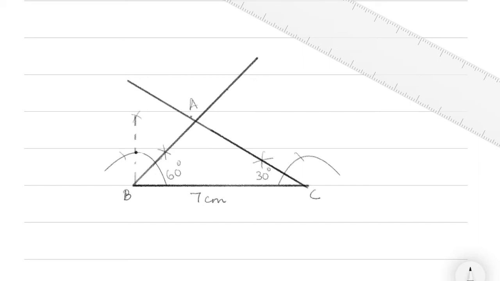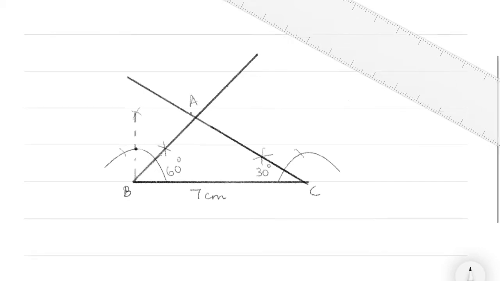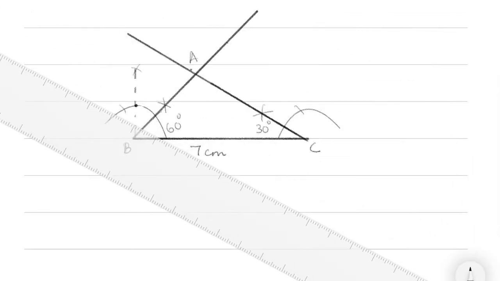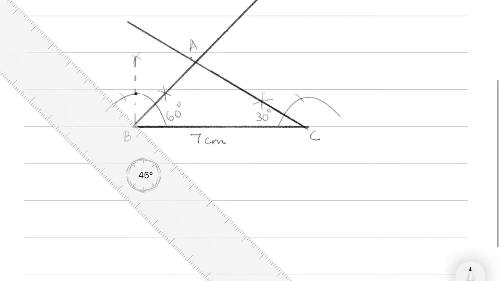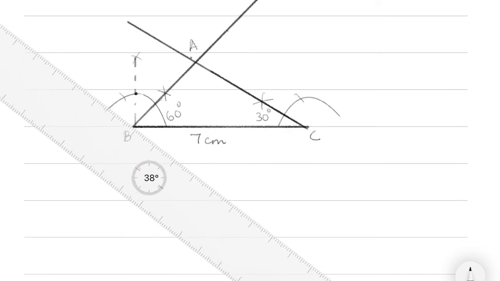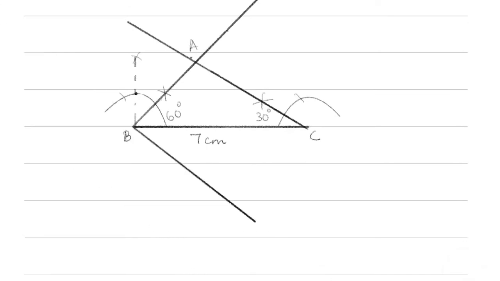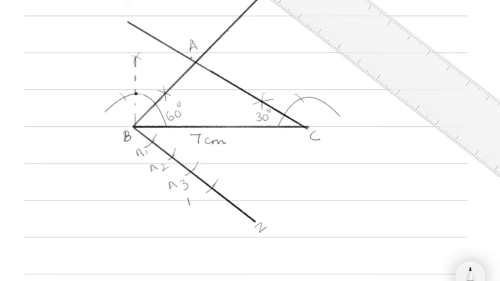Now we have to make a similar triangle. For that, from B I will make a line BZ at any angle. Now we'll make the arcs from B, A1, and from A1 we get A2, from A2 we have A3 and A4.